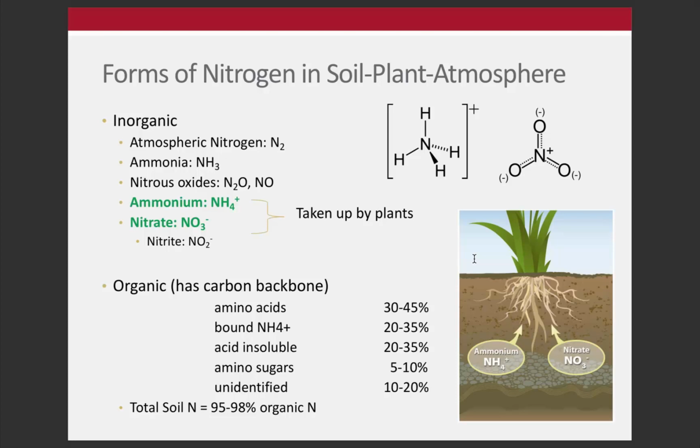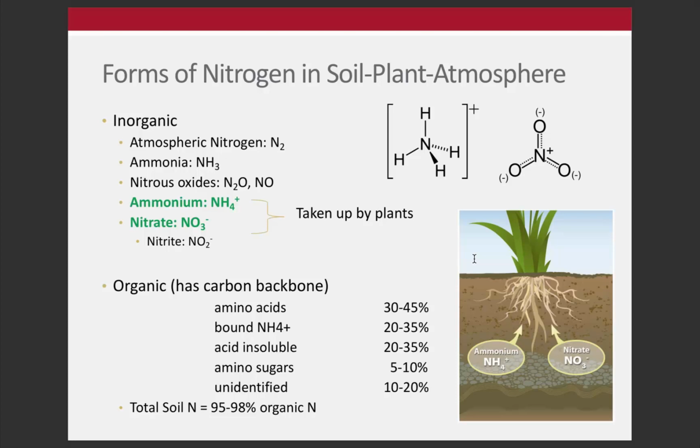So this is kind of an organic chem or biochem concept. And when we talk about organic and inorganic in this course, it's typically not going to be certified organic farming practice, but rather whether the nutrient has this organic carbon backbone or not.